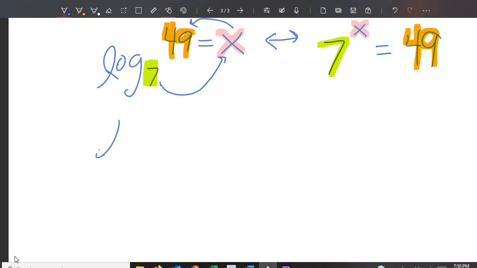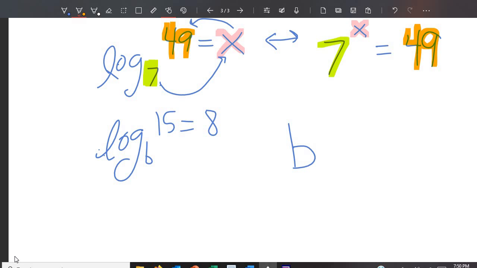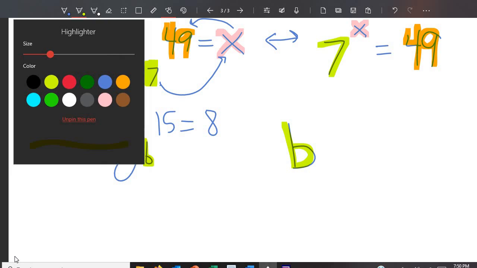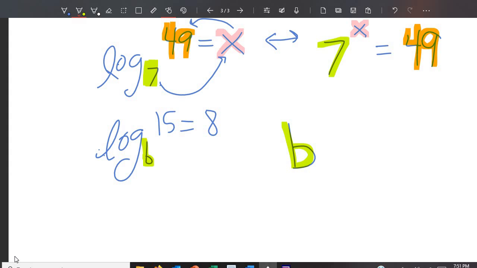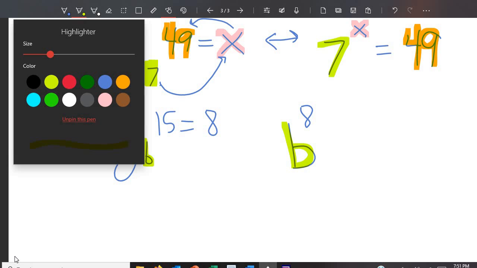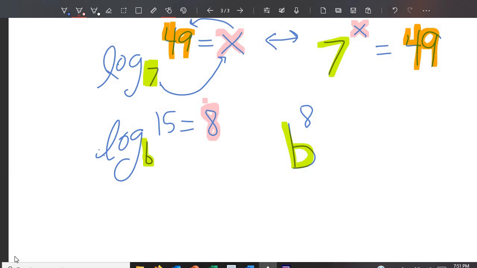Let's see, suppose I had, I don't know, log base b of 15 equals 8. The base is b. The exponent is 8.